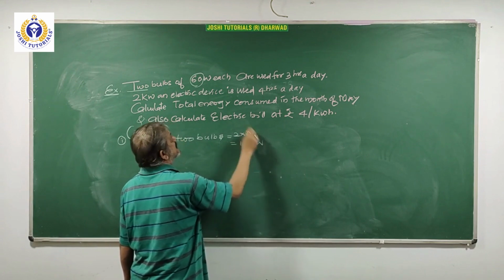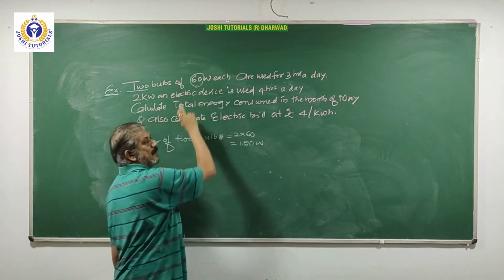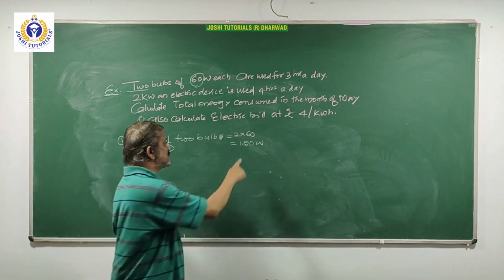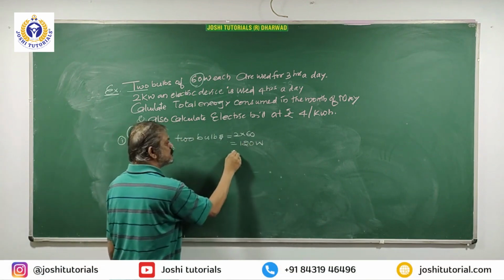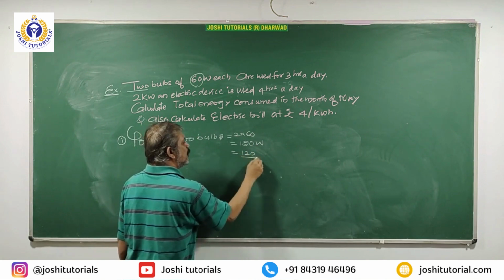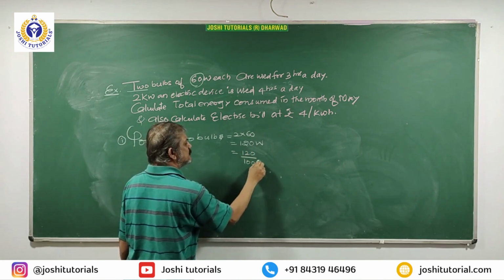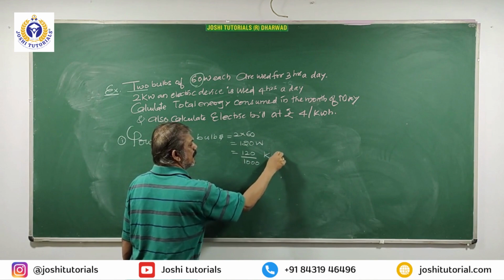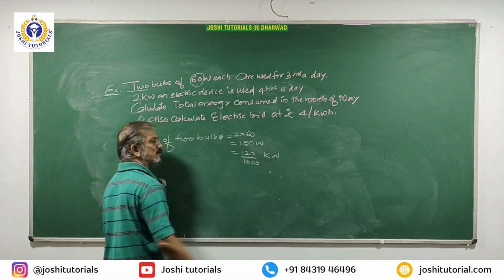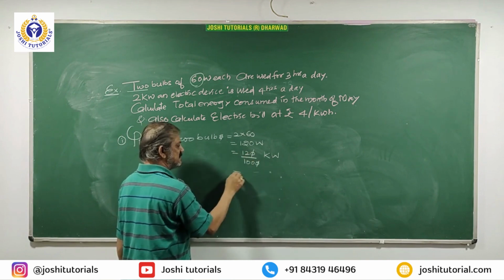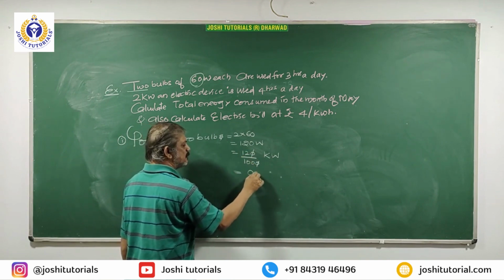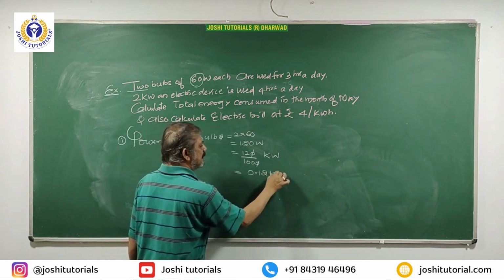It is watt. Commercial unit actually is not watt, it is kilowatt hour. So convert this into kilowatt, divided by 1000, because 1 kilowatt is 1000 watt. So 1 watt is 1 upon 1000. 120 by 1000 is 0.12 kilowatt.